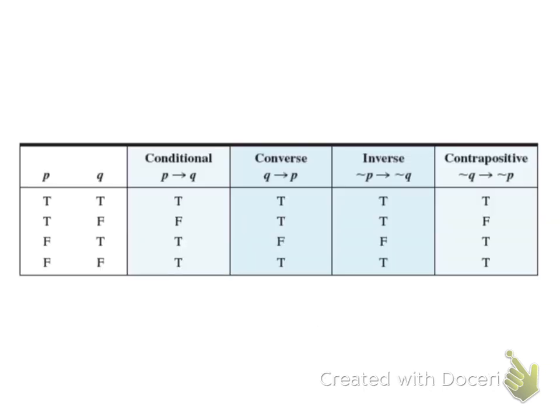Okay, so look at that chart on the next page. If you look at their truth tables, the conditional and the inverse are like this reverse of each other. Do you see that? True, false, true, true, true, true, false, true.